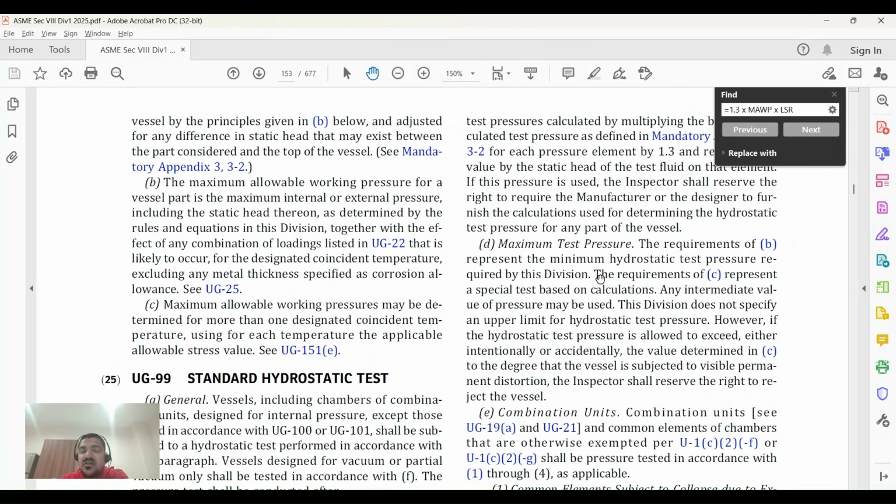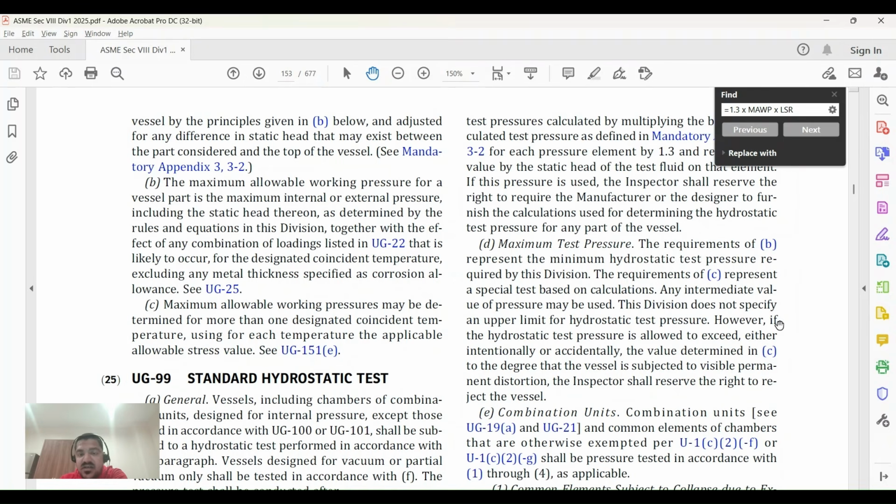Here further it has been expressed that the minimum test pressure is as per UG-99B and again C, which is calculation based. Further, any intermediate value of the pressure may be used. This division does not specify the upper limit for hydrostatic test.